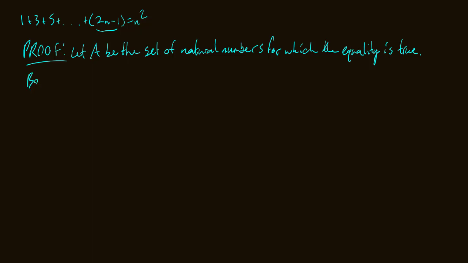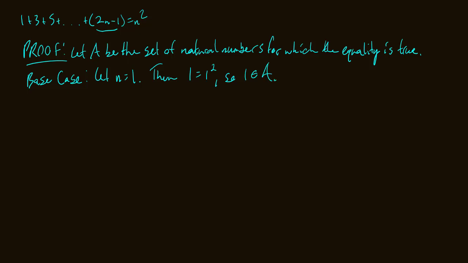I'm going to say base case. This is something you could write out in your proofs. You could write base case, colon. Let n equal 1, right? Then 1 is equal to 1 squared. So 1 is an element of A, right? There we go. That's our base case.